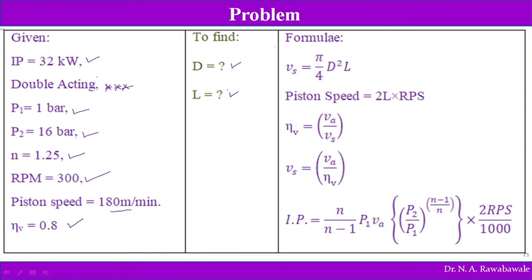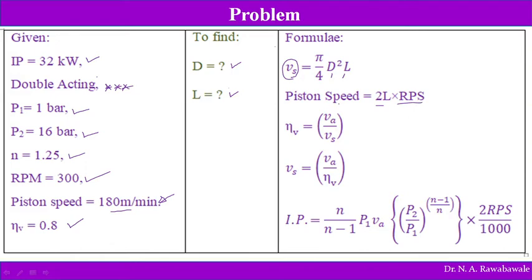Diameter and stroke length are both available in one formula, the swept volume. Swept volume is given by pi by 4 D square L. So first of all we must calculate the swept volume, and out of these two, D and L, one we have to find out. The piston speed which is given is the linear piston speed, and linear piston speed is given by 2L into RPS.